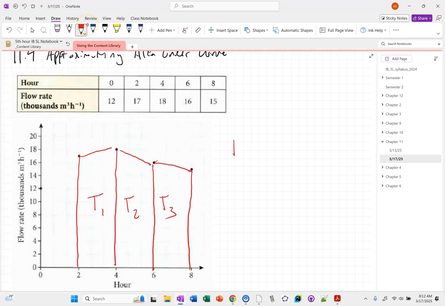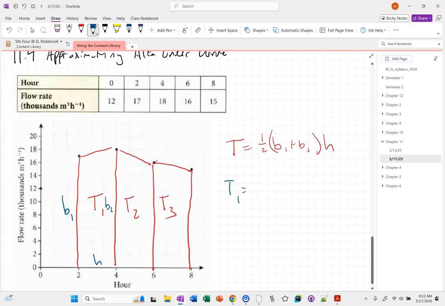So remember, the area for a trapezoid is 1/2 B1 plus B2 times the height. So if I look at this first trapezoid, B1 is that side, B2 is that side, and the height is that piece.